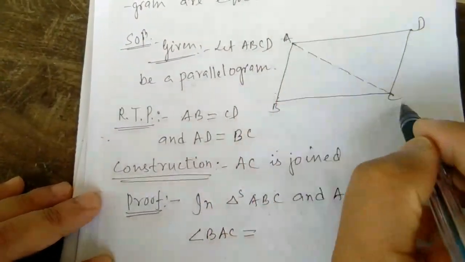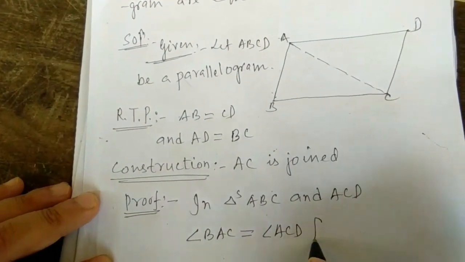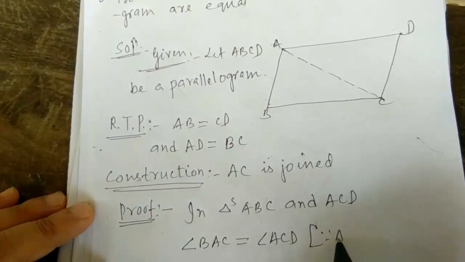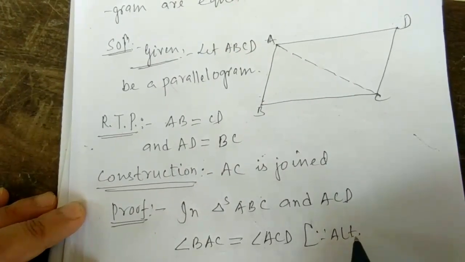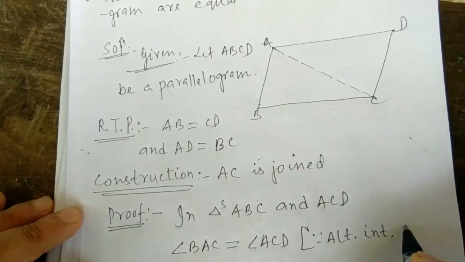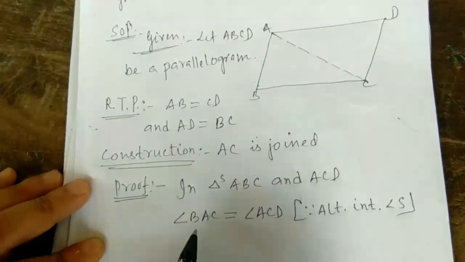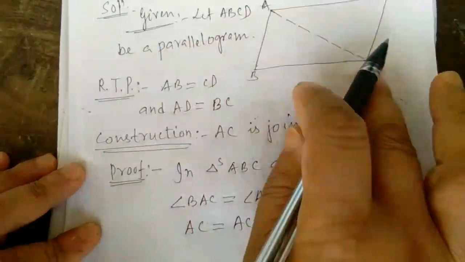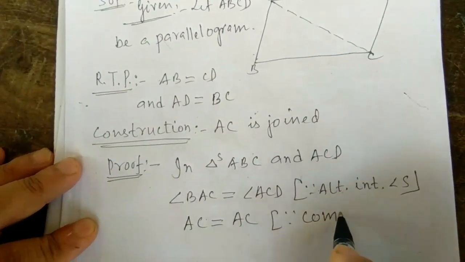The shape is like Z, so it is called alternate, ALT, alternate interior angles. Again we can write AC equals AC. This AC is the common side of both the triangles, since common sides.